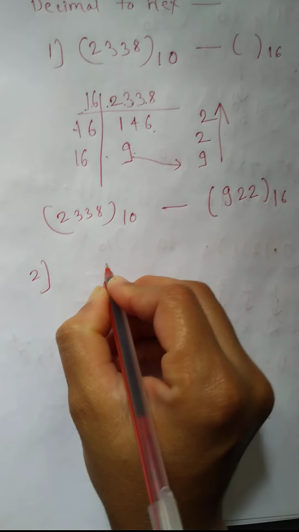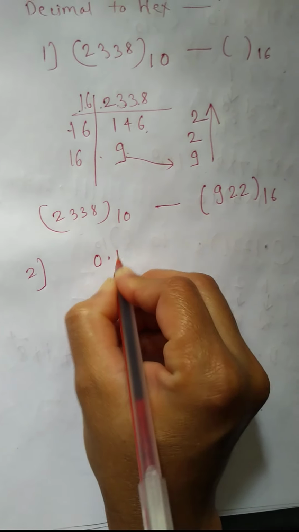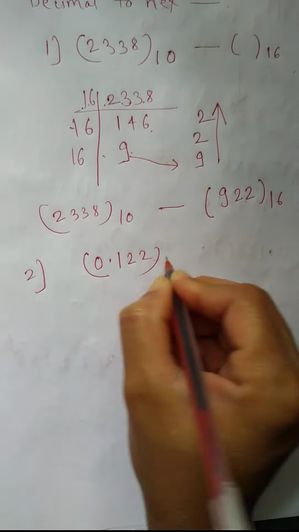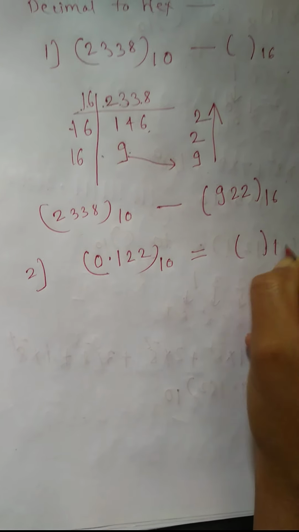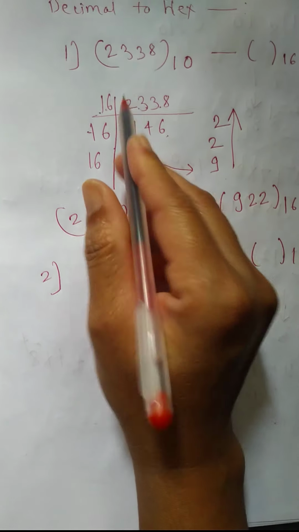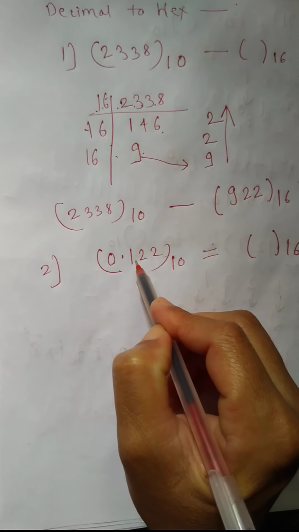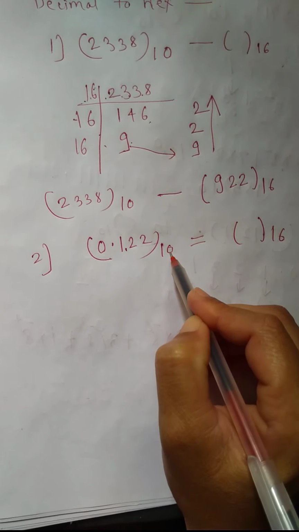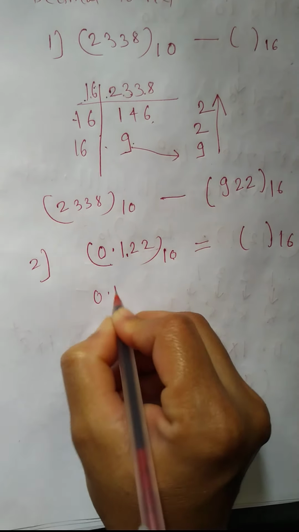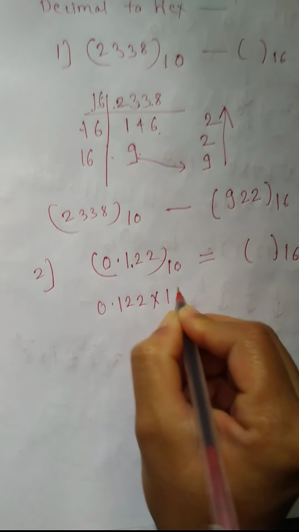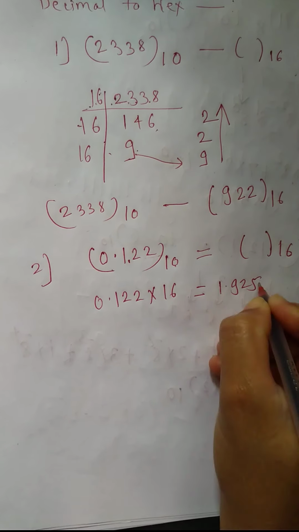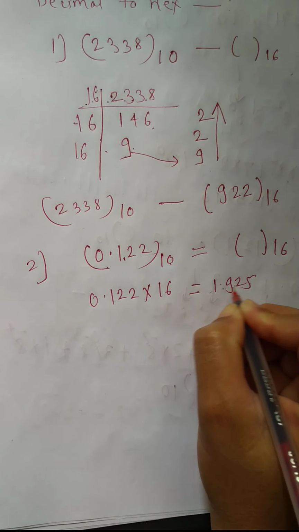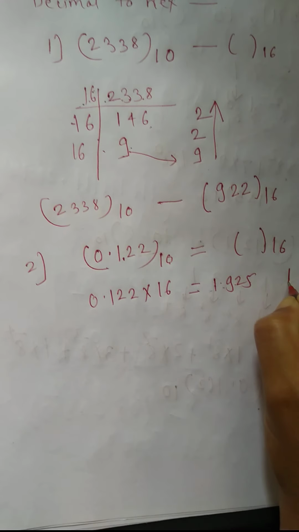In the second example, if there is a fraction number, then for that fraction we multiply by 16. The integer number is divided by 16, and if it is a fraction number, it is multiplied by 16. So 0.1221 into 16, the answer is 1.925. The integer part 1 is recorded here.